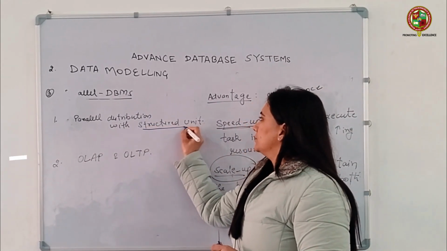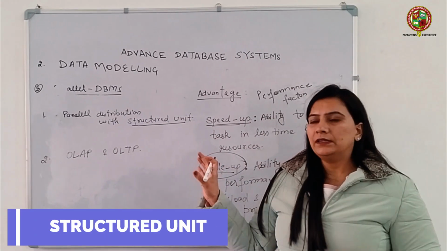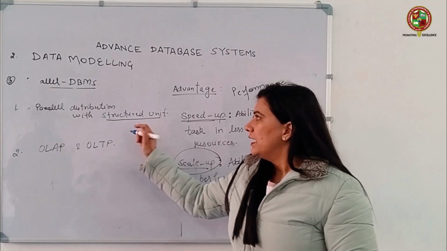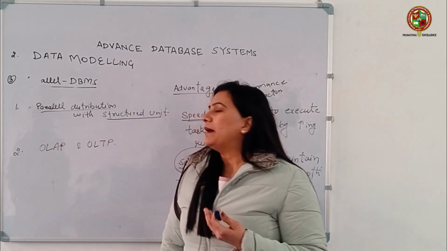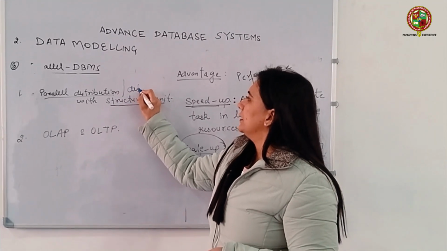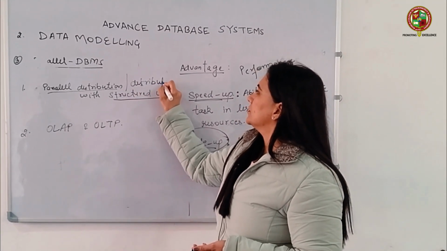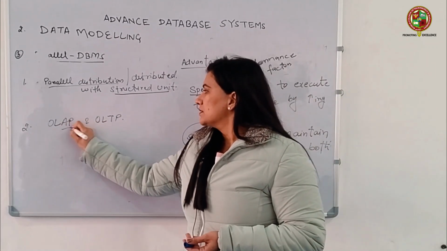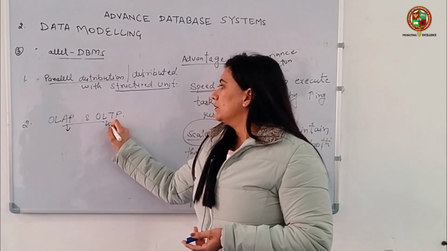What was the structured unit? A structured unit was a different database where the data is stored at different locations, and we use either parallel distribution in the parallel DBMS, or distributed distribution in the distributed DBMS. Also it uses the concept of OLAP and OLTP.